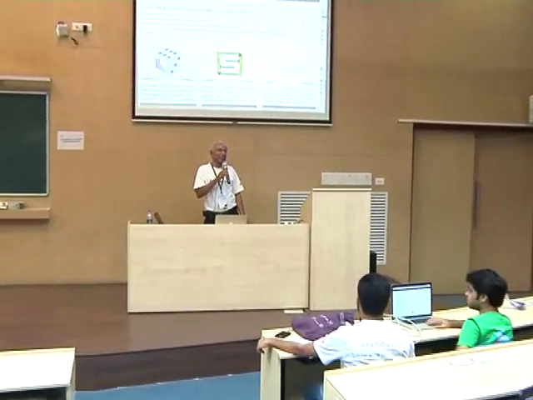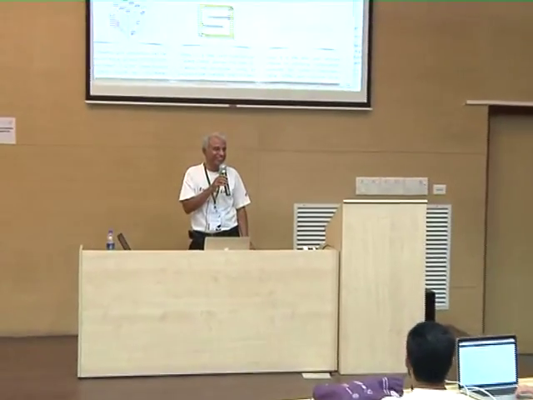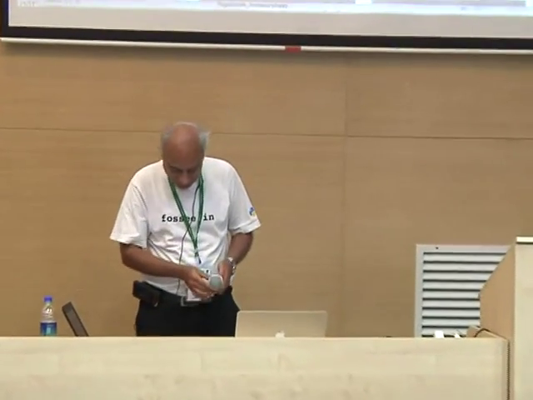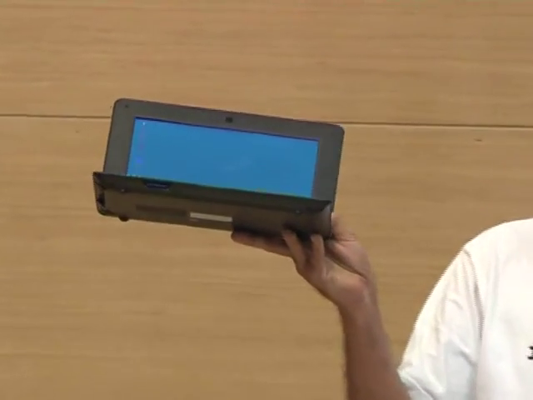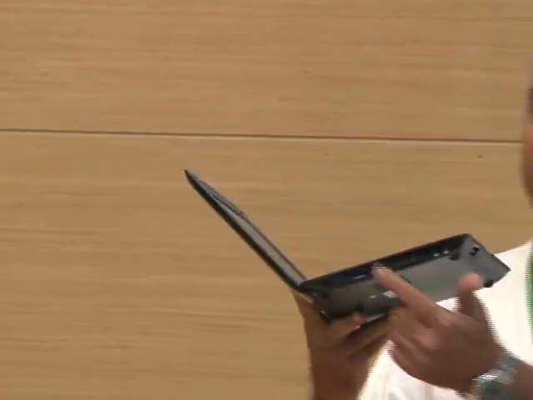Okay, so I'm going to skip this. In my opinion, it's an amazing system. I'll just keep it here during lunchtime or something. If people want to try it, you're most welcome. It has 8 GB NAND flash, 1 GB RAM, 2 USBs, 1 HDMI, as already pointed out, and 1 LAN port is also there.